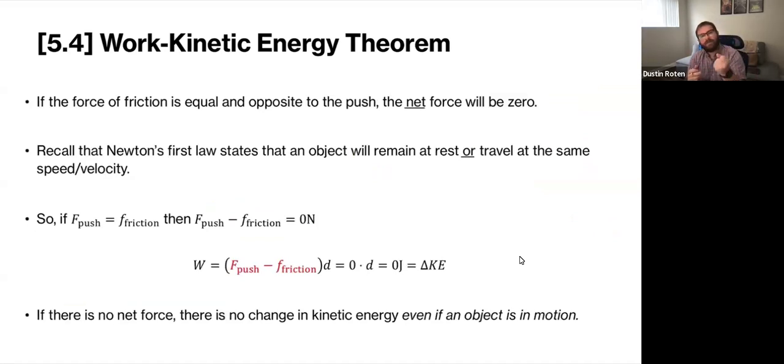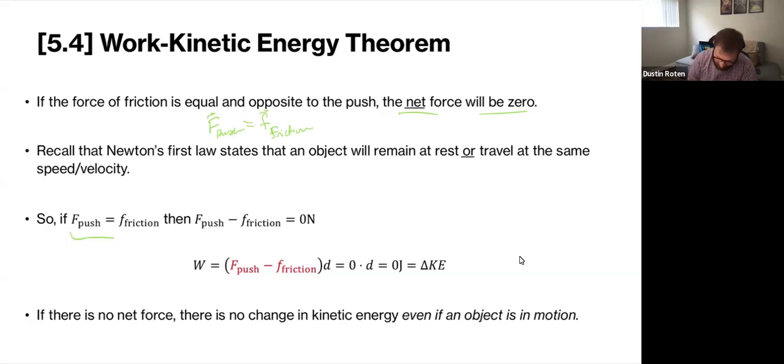So if the force of friction equals the push, then the net force will be zero. Right? So this becomes a Newton's first law thing. If that force of the push is equal to the force of friction, well, then Newton's first law kicks in and there's no net force.